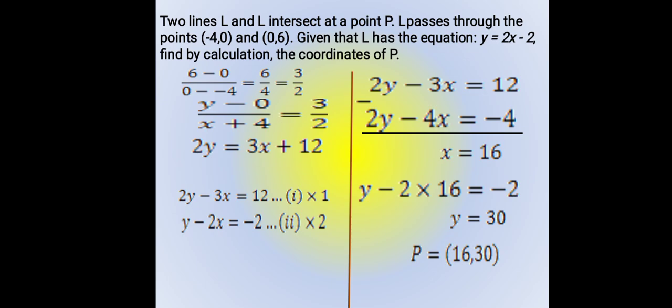Now substituting for any of those coordinates, either (negative 4, 0) or (0, 6), with y and x, having found the gradient of 3 over 2, we cross multiply, and we find the equation of our line, which is 2y is equal to 3x plus 12.